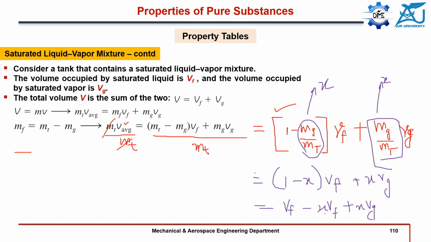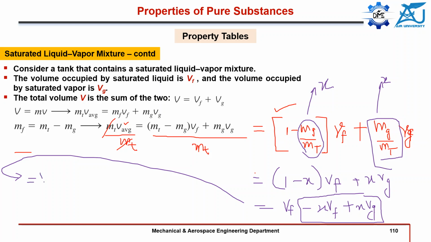So if I rearrange this, I can write it as v is equal to vf plus x times vg minus vf. These are all small v's, specific v's. Sorry, this is vg minus vf. I wrote this vf later and vg first, that is why there is a plus sign here.